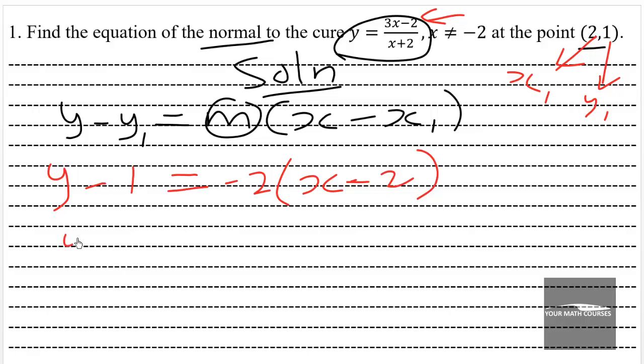So this gives us y minus 1 is equal to negative 2x plus 4 when we expand. Or we have y is equal to negative 2x plus 4 plus 1, which is plus 5. So that is the equation of the normal to the given curve at the point (2, 1).